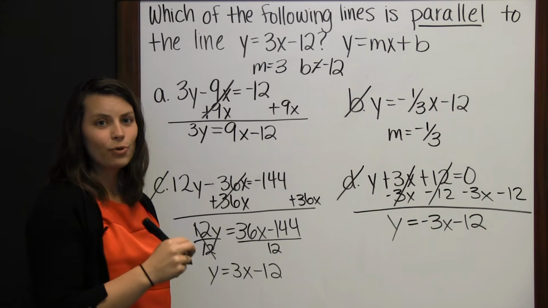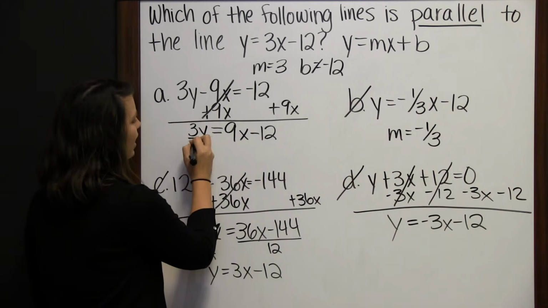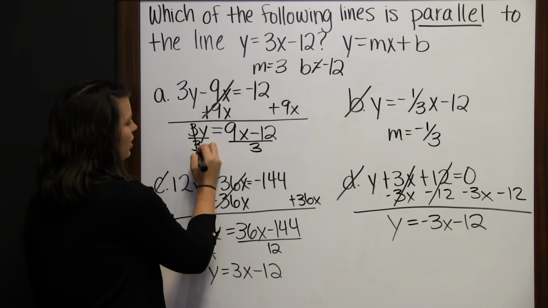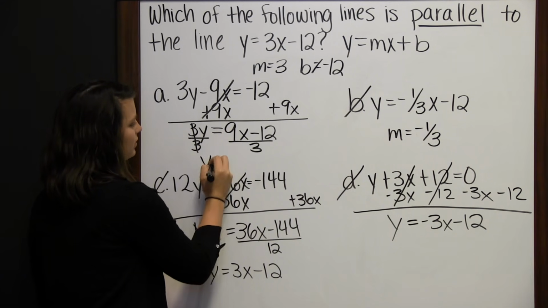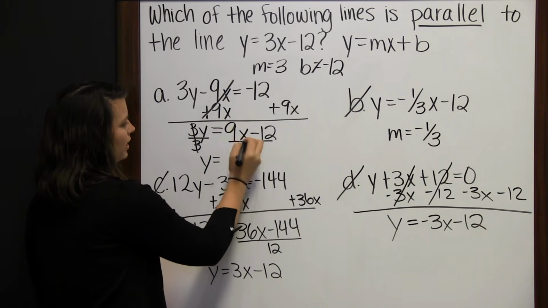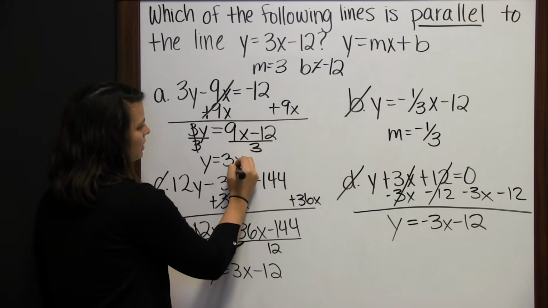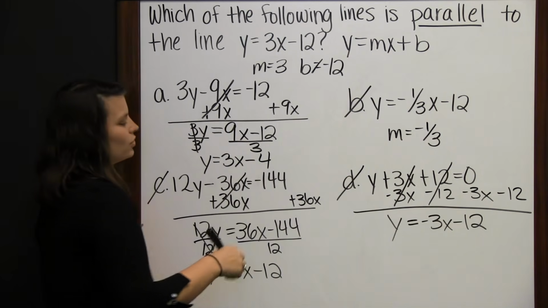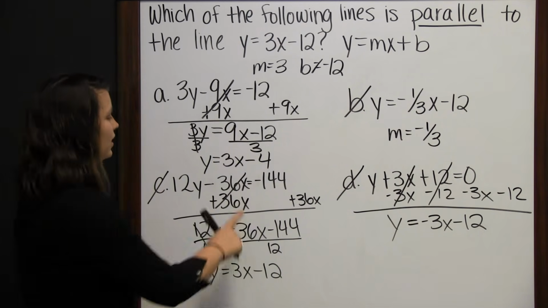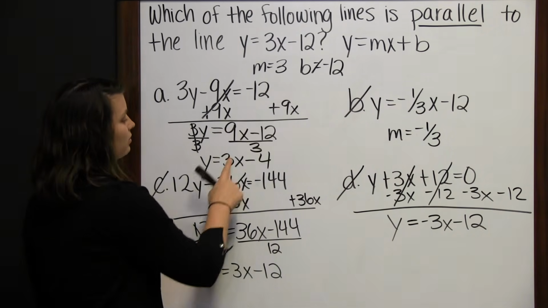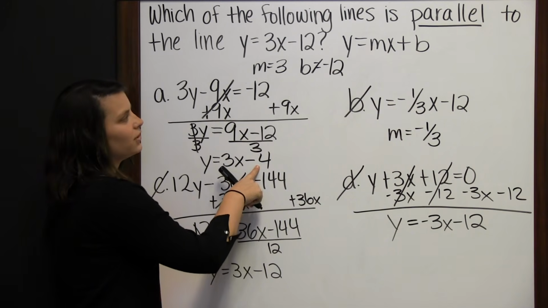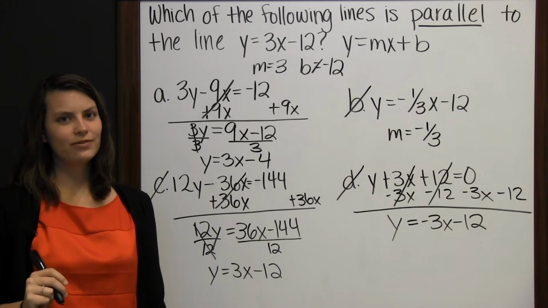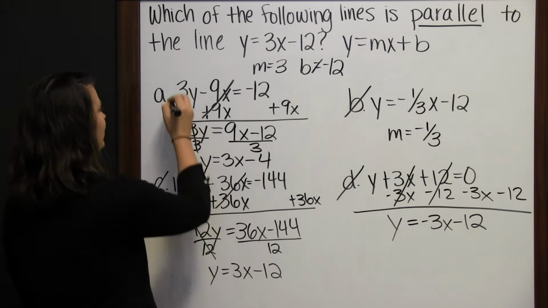And finally, to solve for y, we need to divide everything by 3. 3 divided by 3 is 1. 1 times y is y, equals 9x divided by 3 is 3x, and -12 divided by 3 is -4. So now we found a line that has the same slope as our line, but a different y-intercept. This one's -4 instead of -12. So we found our parallel line.